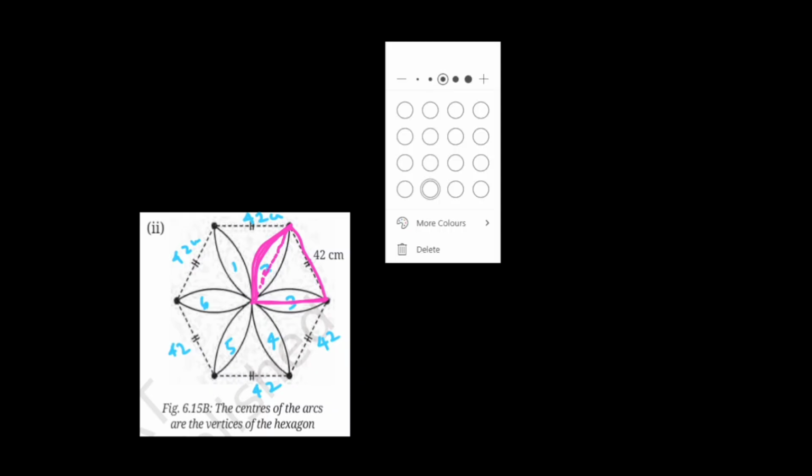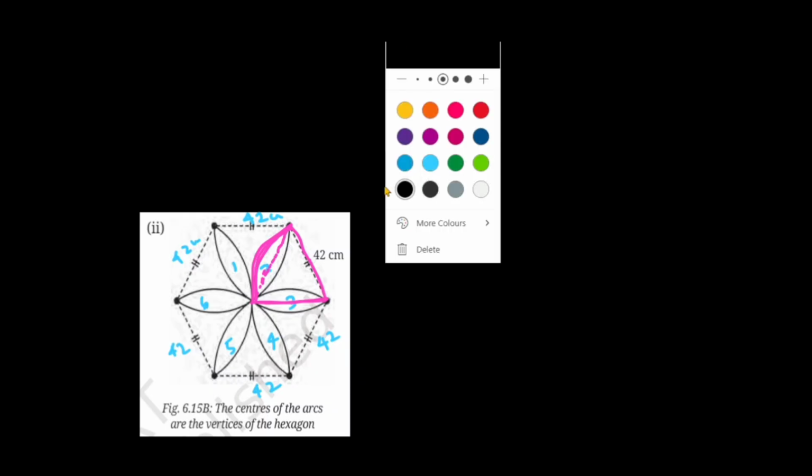So what is the angle of this? When we are joining this center to this point, the center angle is 360 degree. Suppose the center is O. At O, the angle is nothing but 360 degree.